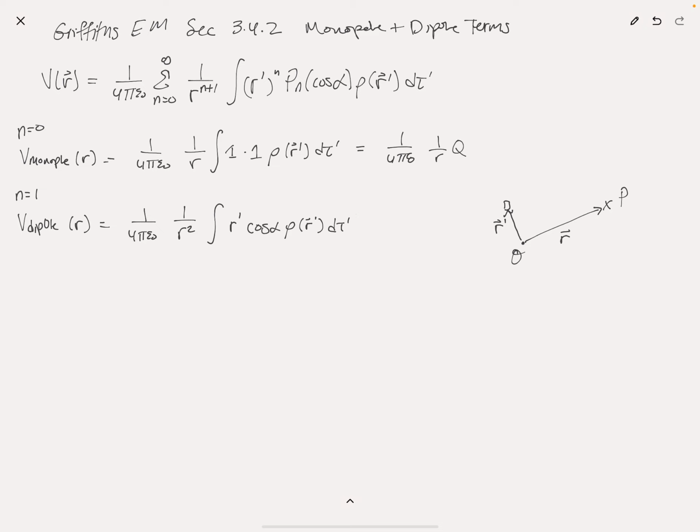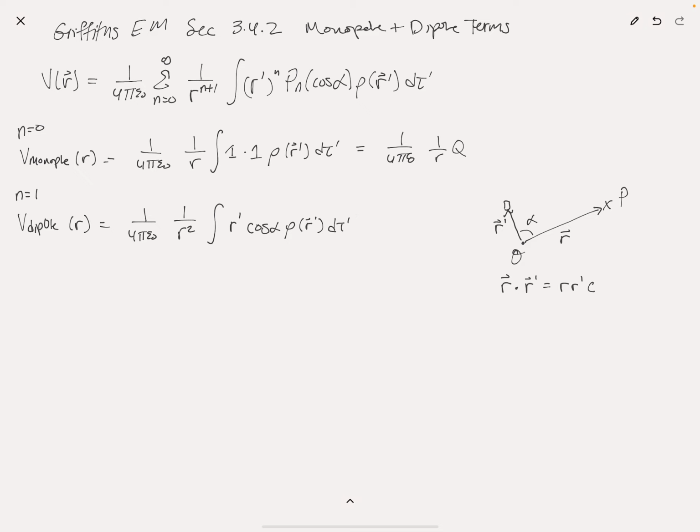Okay. I can go ahead and write the dot product of these two vectors, just the definition. r dotted with r prime is r r prime, and the angle between them is, I forgot to write that, but that's alpha. Right, that's the argument in this cosine.